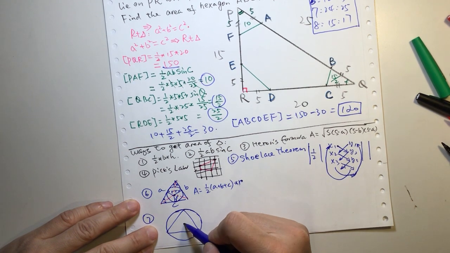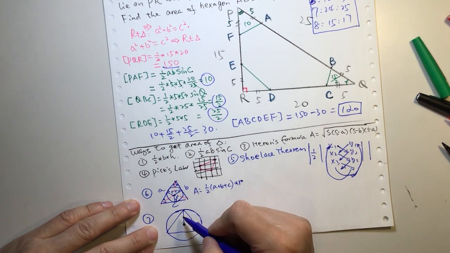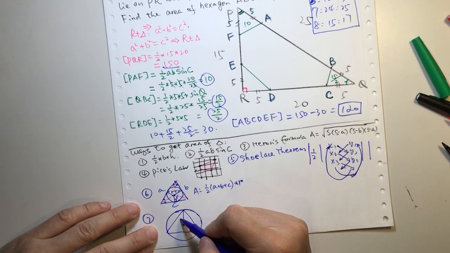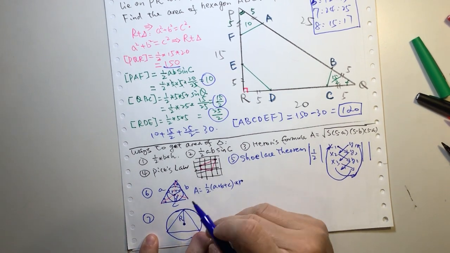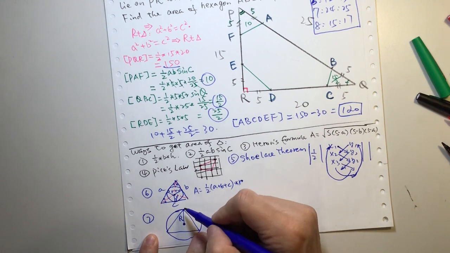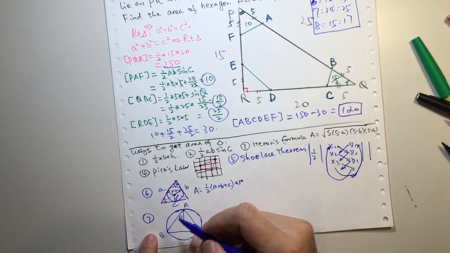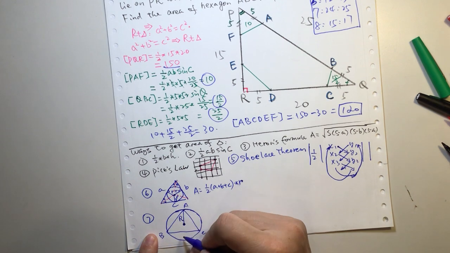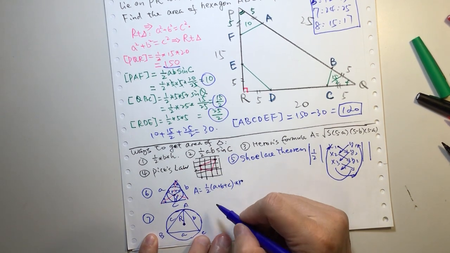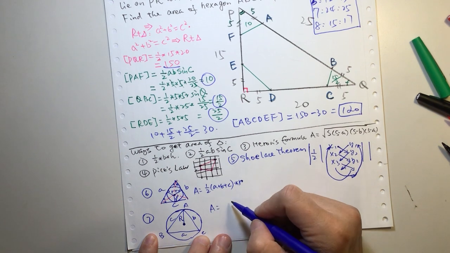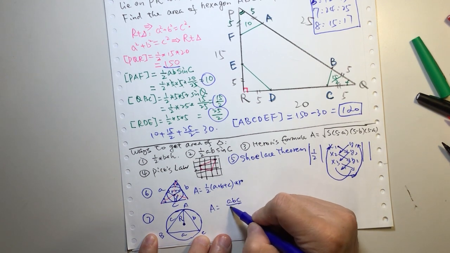If the radius of this circumscribed circle is R, how do we get the area of this triangle? Say this side is A, this side is B, this side is C. The formula is the area equals ABC over 4R.